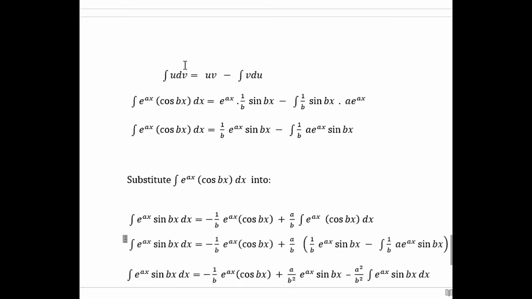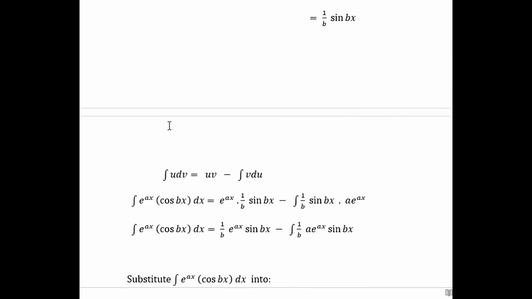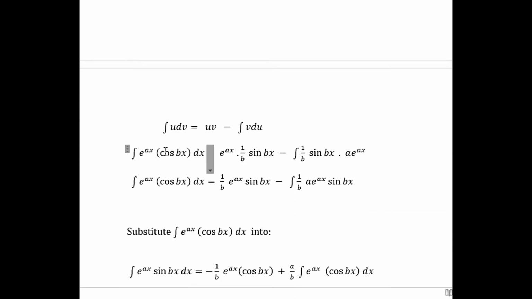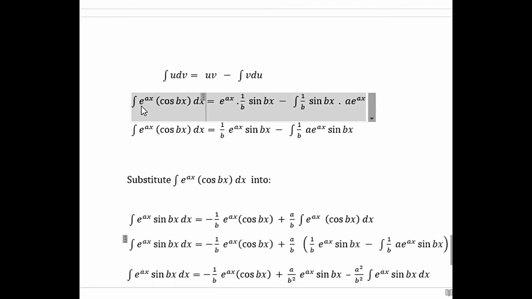we must substitute in the formula for integration by parts, and we use this equation and substitute in the formula, and we will get this: the integral of e to the ax cos bx dx equals e to the ax times 1 over b sin bx minus the integral of 1 over b sin bx multiplied by a e to the ax.